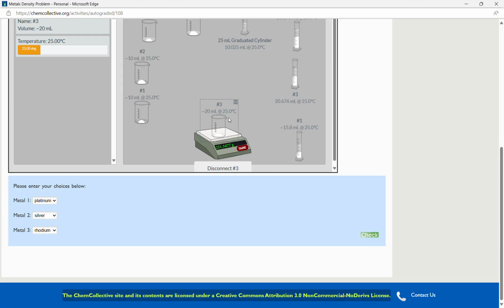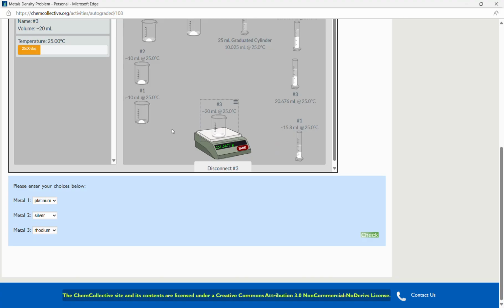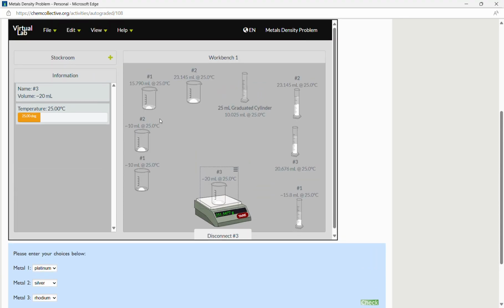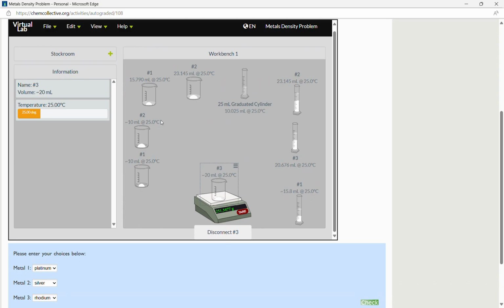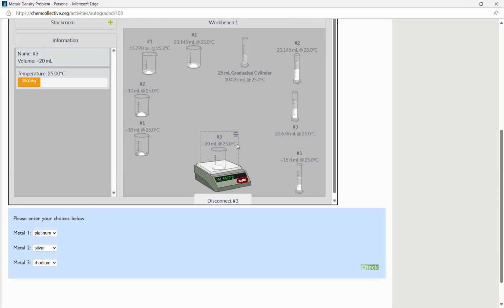I just divide this by its volume, and the answer came out to a total of 12.16, which is the closest one to rhodium. Rhodium is coming out at 12.4, and this is the closest one to it. That is why I have my conclusion and answer for each of the metals, and identified which one is which. Thank you for your time and also understanding.